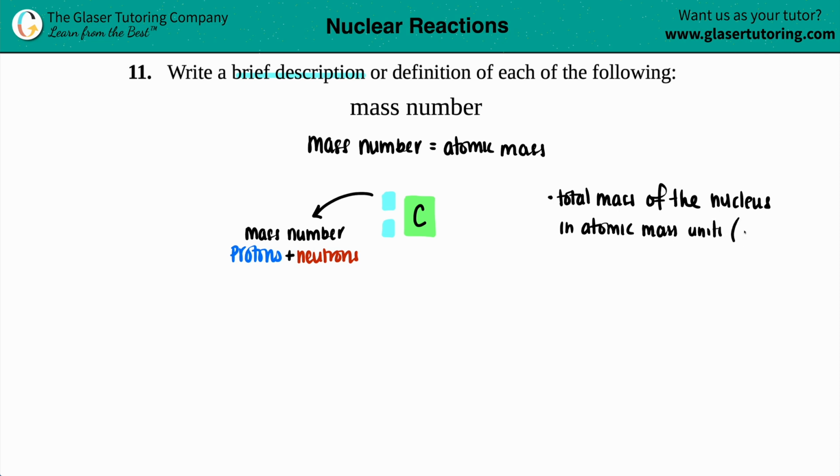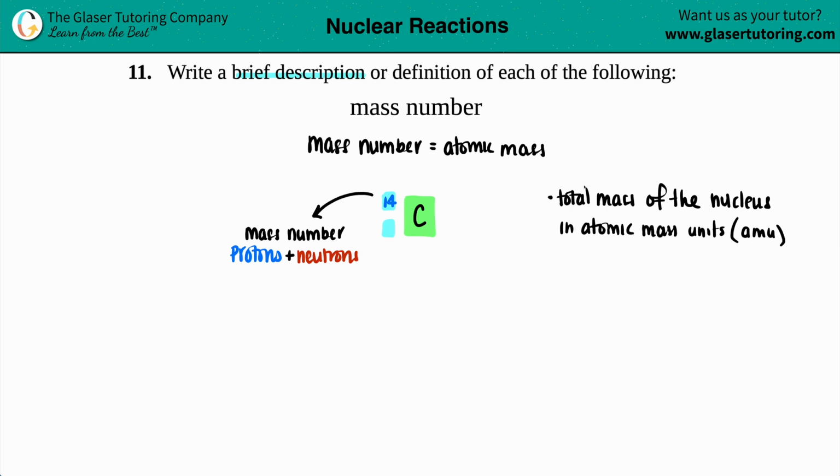So usually it's written as amu. So if you want, we could say that we have either carbon 12, so we have 12 total protons and neutrons in the atom of carbon. You could do a carbon 14, so you got a total of 14 protons and neutrons. But that's basically what the mass number is.